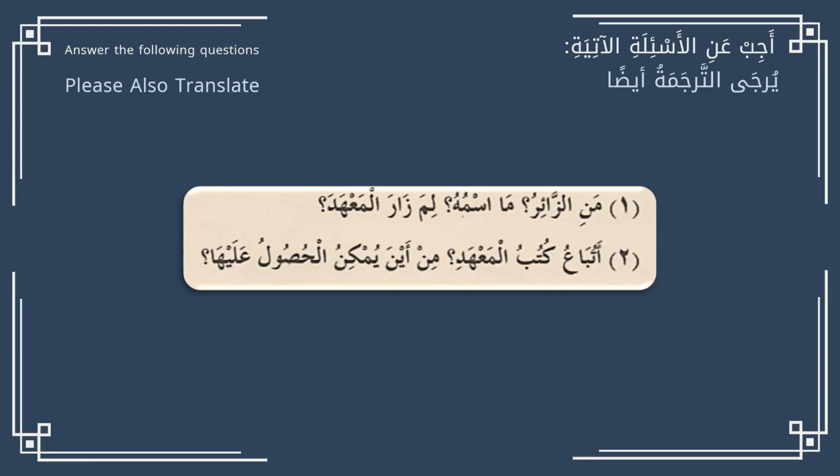Just translate the... Atuba'u Kutubul Mahdi. No, not who. The books of the institute were for sale. No. Good. Yeah. Are the institute's books sold? Meaning, are they for sale or not? Very good.